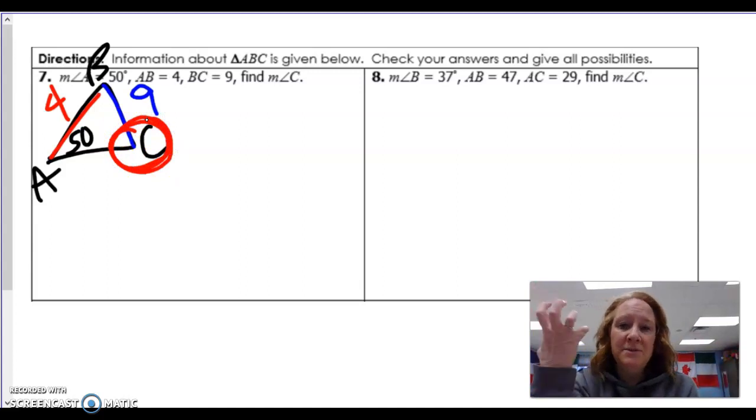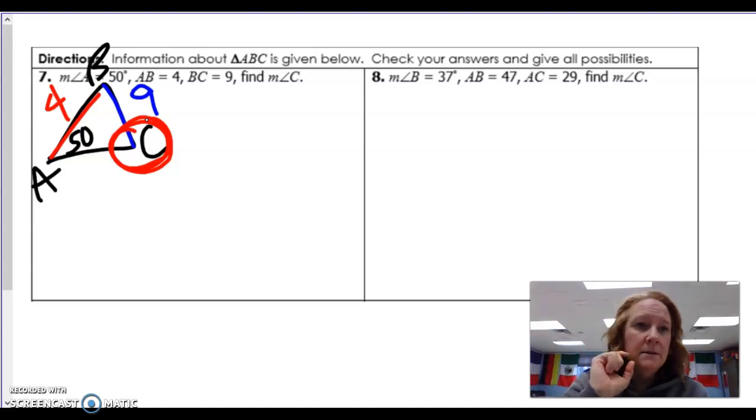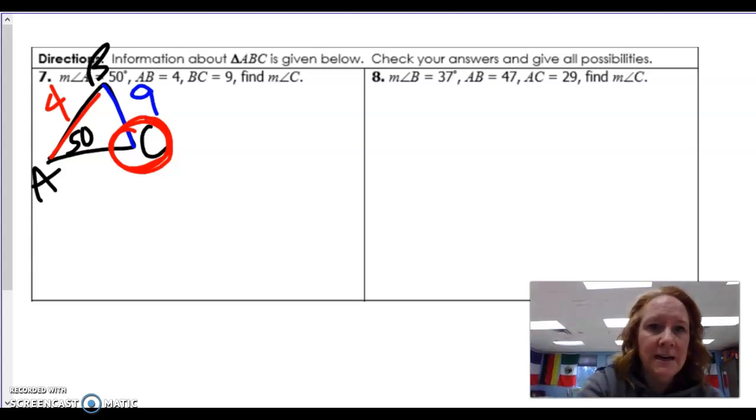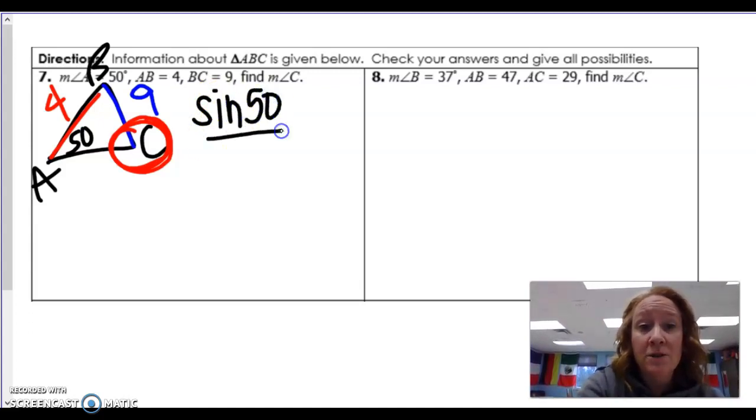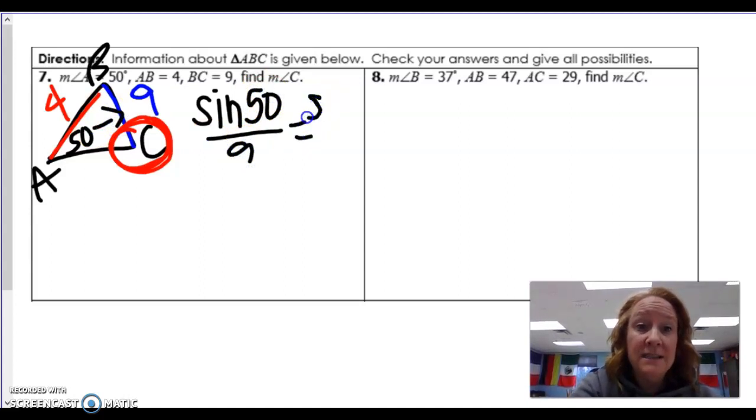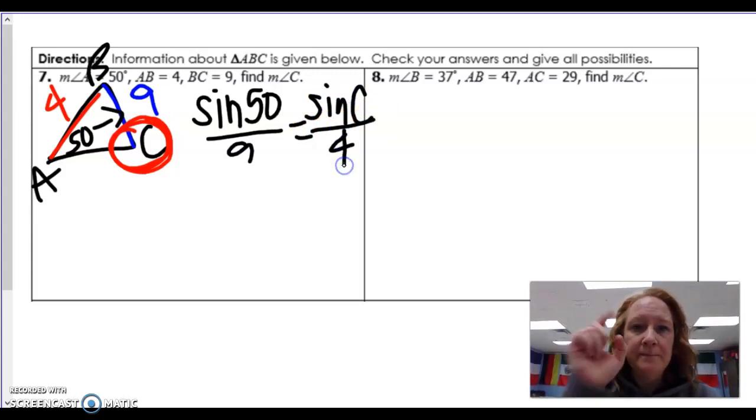It's important to be able to just draw things so you can figure out what do I need, what am I trying to find? So what I know is that I have the sine of 50 over 9, because you see how that opens it up, equals the sine of C, which I don't know yet, over 4.